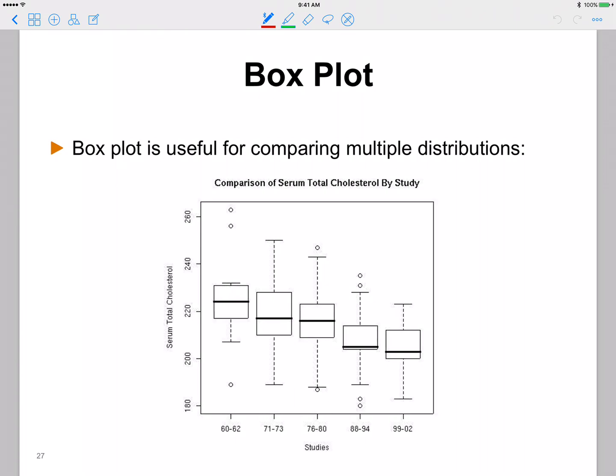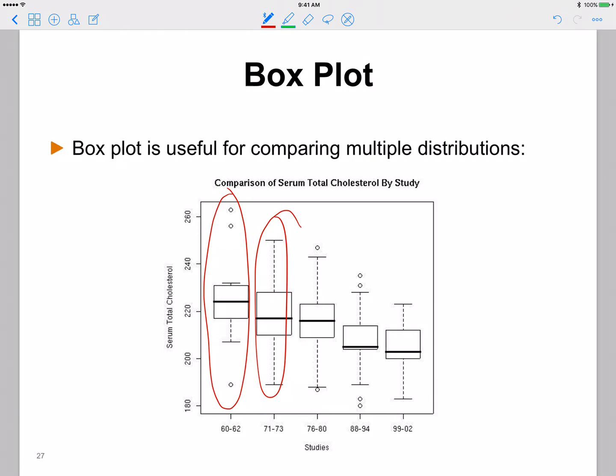We want to do this kind of analysis, so this kind of box plot is often used for that purpose. Suppose this one is the samples or the observations from one case, and then the other, and so on.